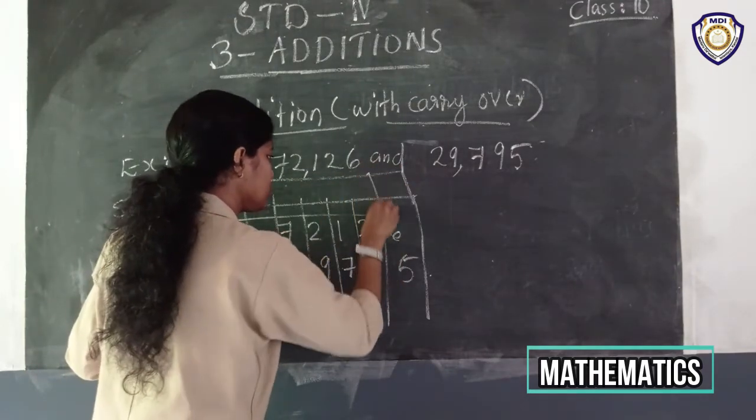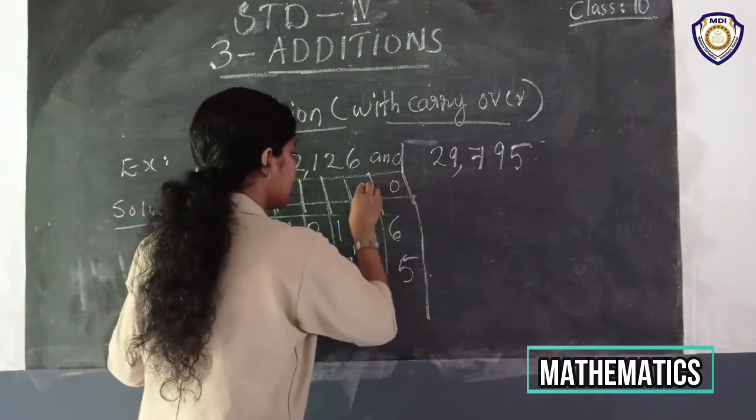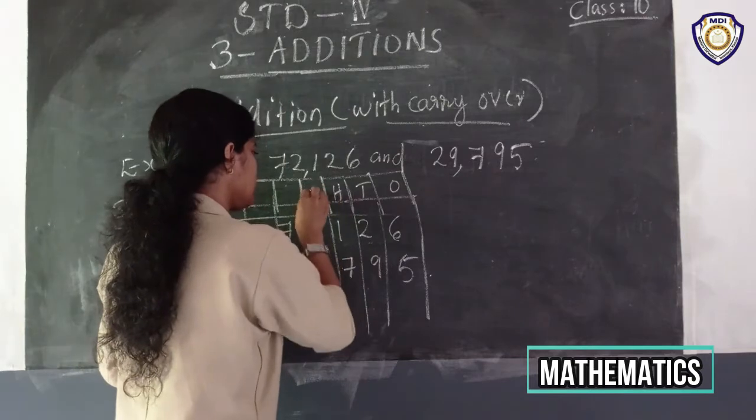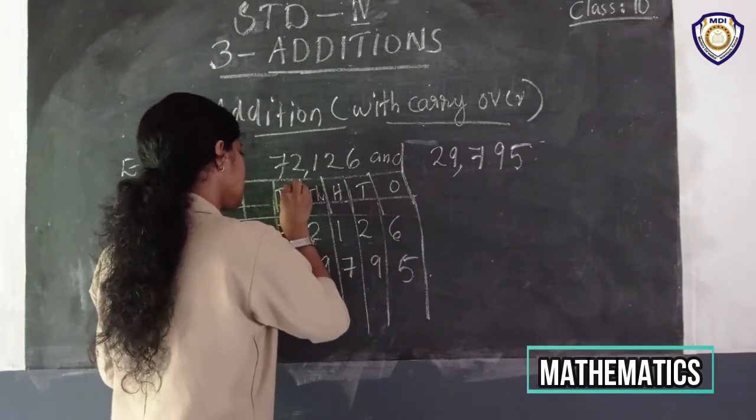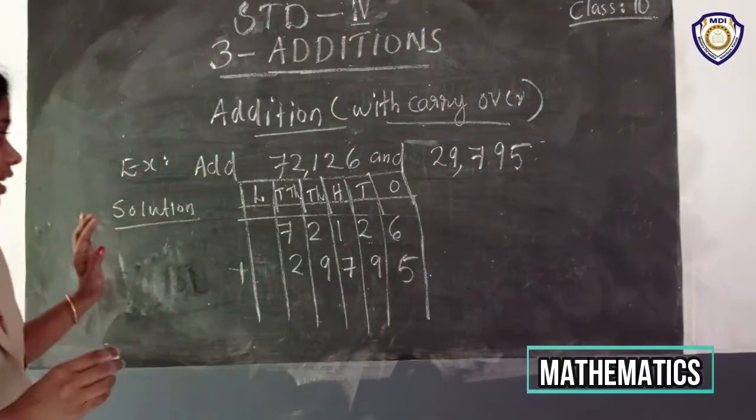Put place values: ones, tens, hundreds, thousands, 10,000 and lakh.